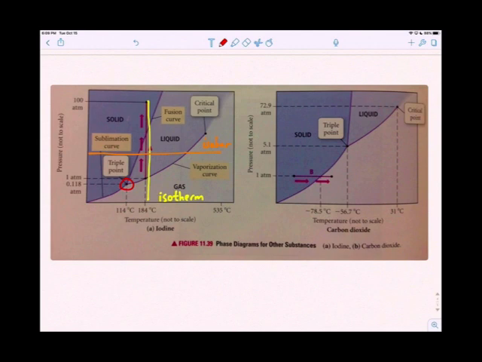Then there's carbon dioxide, which has its triple point at about 5 atmospheres. I've seen the triple point of carbon dioxide. It's really weird. Dry ice is white and the liquid is clear, so imagine white chunks sunken in a clear liquid that's boiling. That's the triple point. You have all three states together. But at 1 atmosphere, carbon dioxide sublimes.